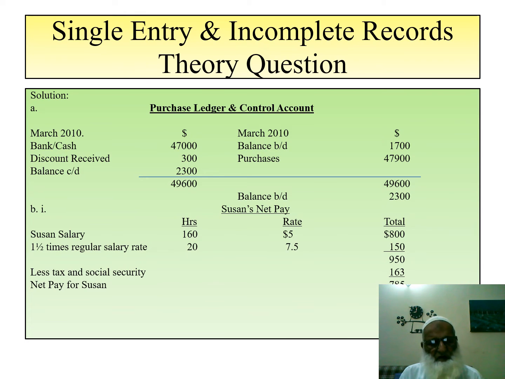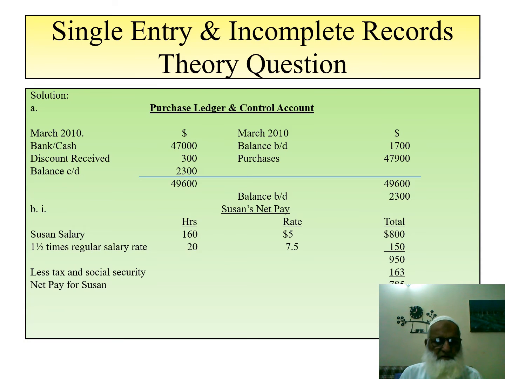I would call it a trade payable account or accounts payable account. 47,000 is the total amount paid to the suppliers. So it has to be debited as it is a trade payable account, and while paying the suppliers we have to debit it, and how we pay is through bank or cash payment.